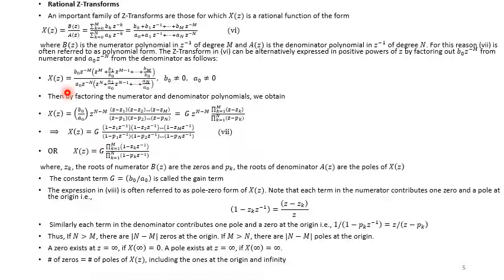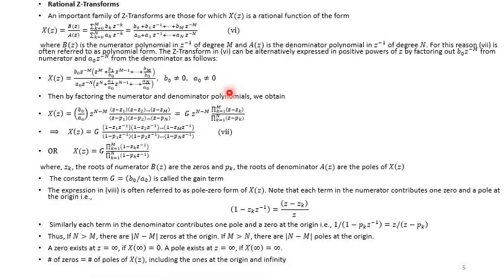Similarly, taking a0 z to the power minus N common, we are left with 1 in the place of a0, and because we are also taking z to the power minus N common, we multiply by z to the power plus N. So similarly, z to the power N plus a1 over a0 z to the power N minus 1, and so on. Remember that b0 and a0 are not equal to 0.